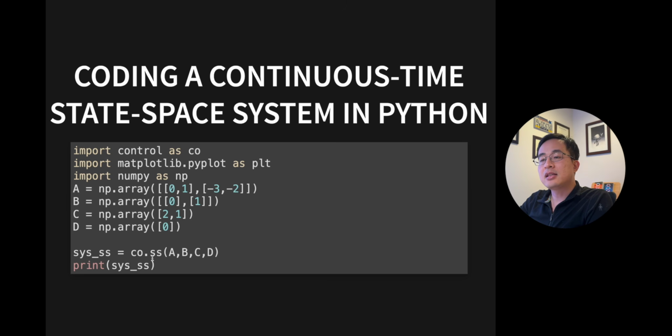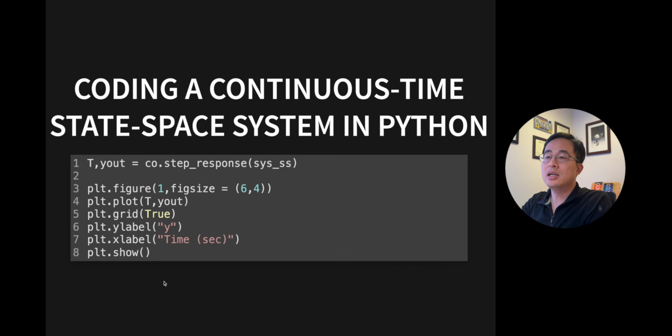The state space system description can be formed by using ss in the control toolbox, and then we can print the system constructed this way and then do analysis about it.